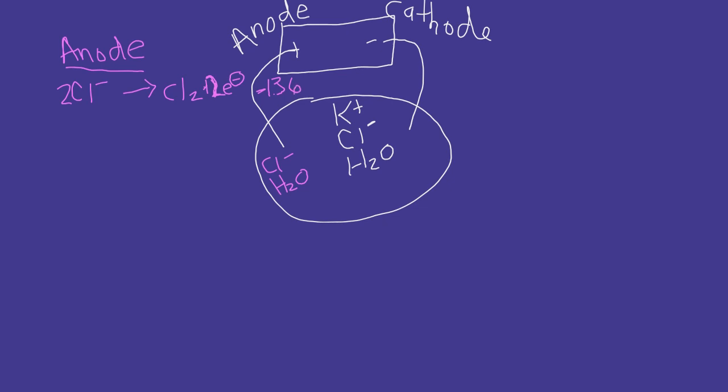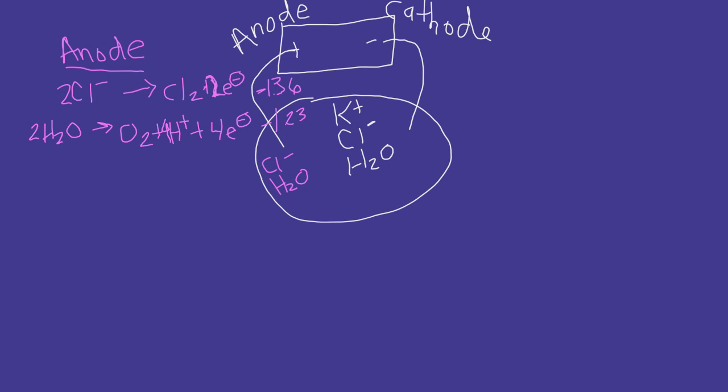Okay, and then my other one is going to be water. 2H2O goes to oxygen gas, because at the anode, oxygen gas is formed from water, plus H plus, which is acid, which you wouldn't see unless you had an indicator, but then it would turn red. And then 4 electrons. Oh, and it's 4 of these H pluses. And this one's negative 1.23.